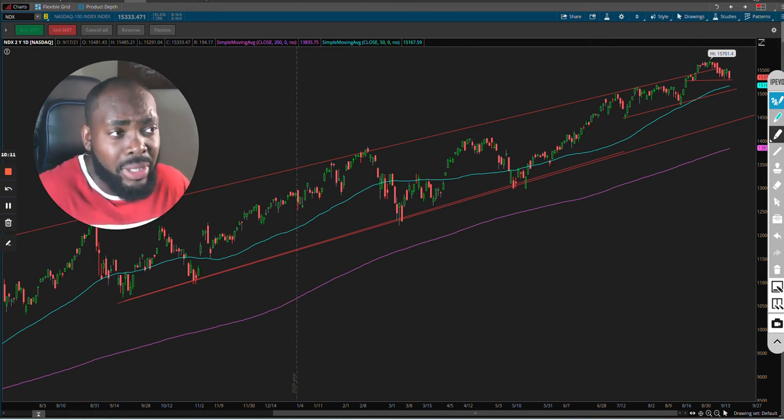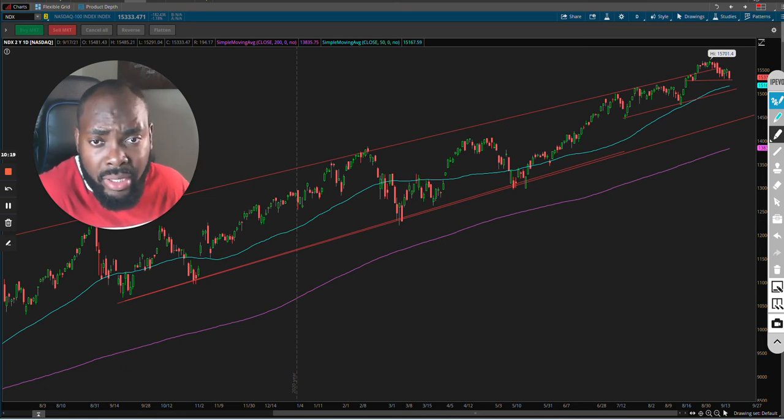If we already start to break below the 50 simple moving average, the next nearest support is really the 200 simple moving average, which is a huge drop of roughly about 100 points for the S&P 500. So that's a little bit critical.